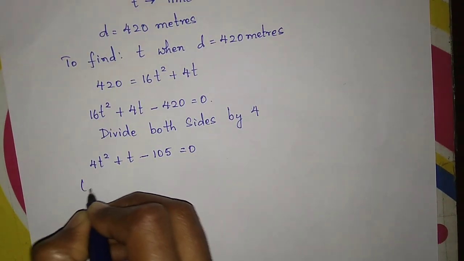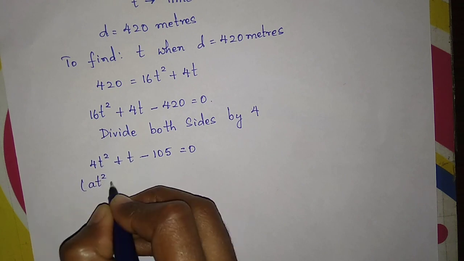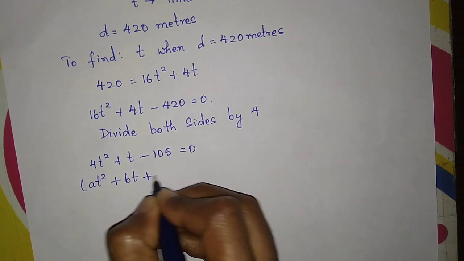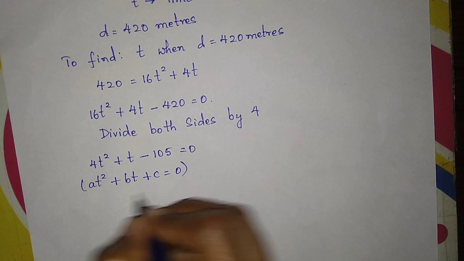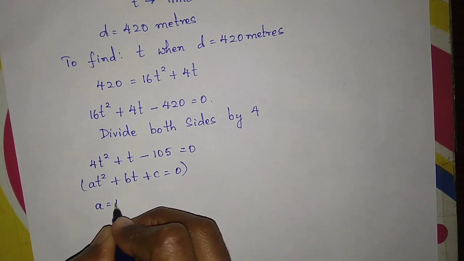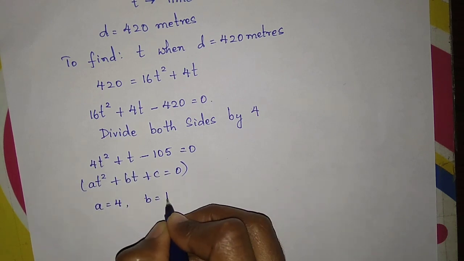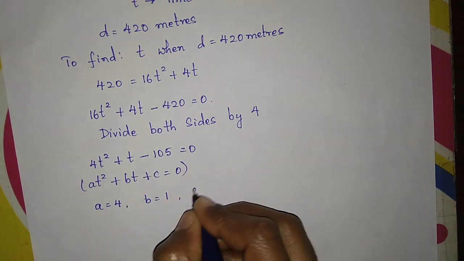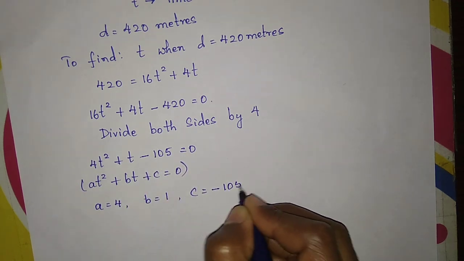Now compare this with the quadratic equation at square plus bt plus c is equal to 0. We will get a as 4, b as 1, c as minus 105.